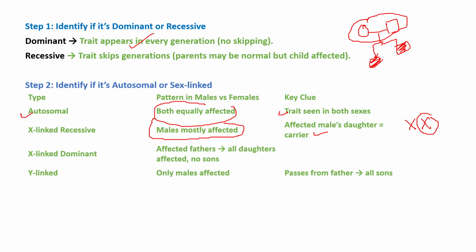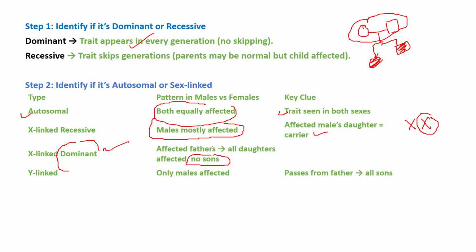X-linked dominant, here for affected fathers, all the daughters are affected but sons will not be affected. So make a note on this point. X-linked recessive, here males are mostly affected but the affected male's daughter will be the carrier. In X-linked dominant, affected fathers will have all the daughters affected and the sons will not be affected.